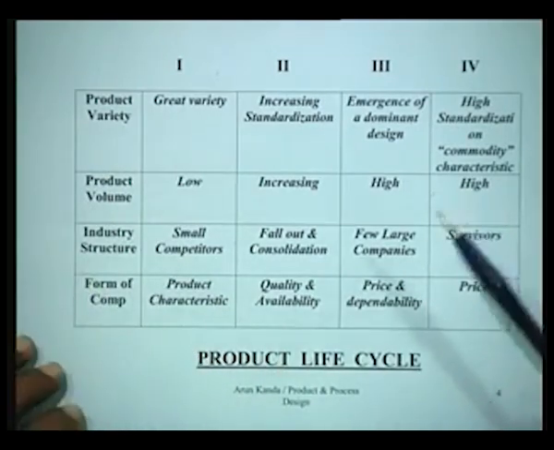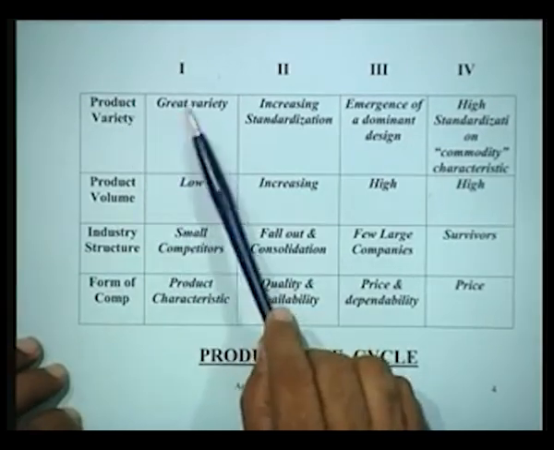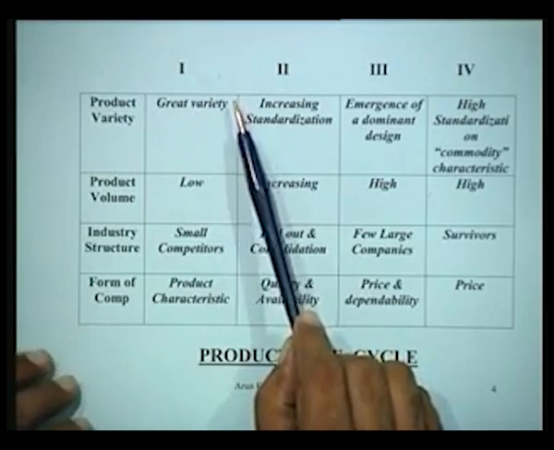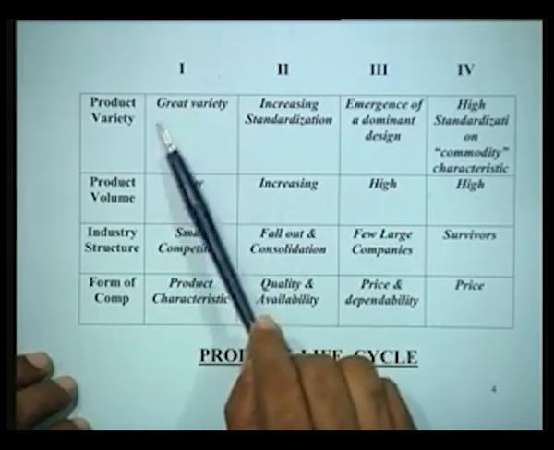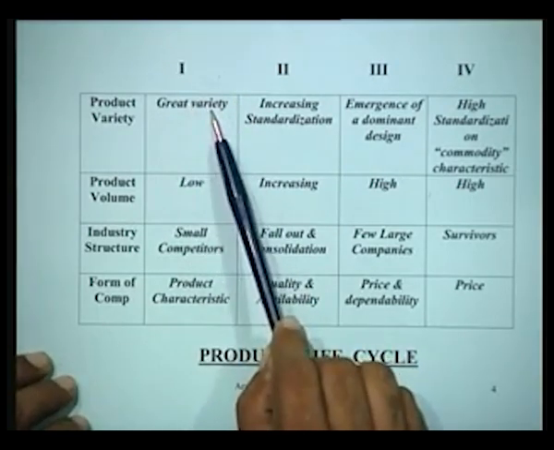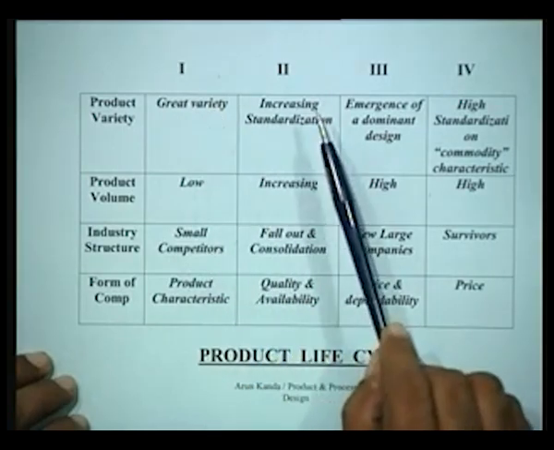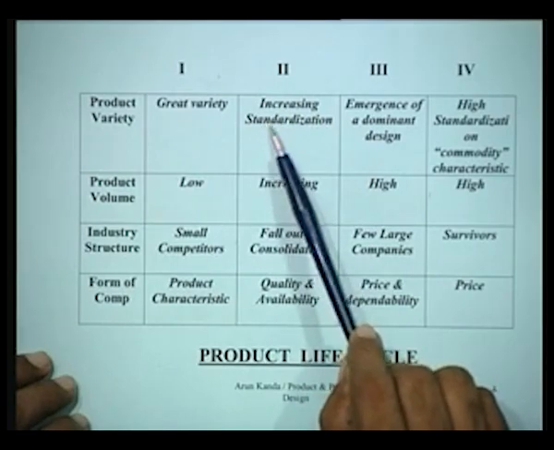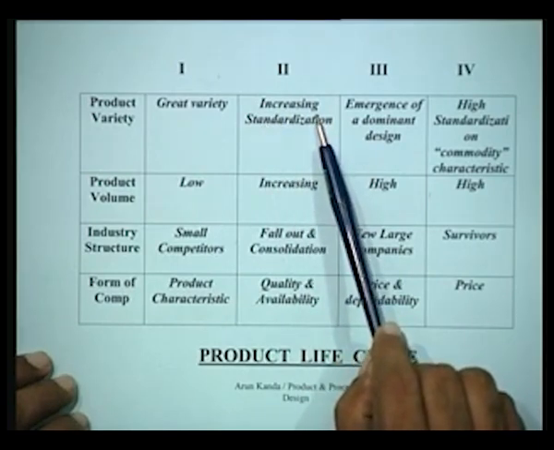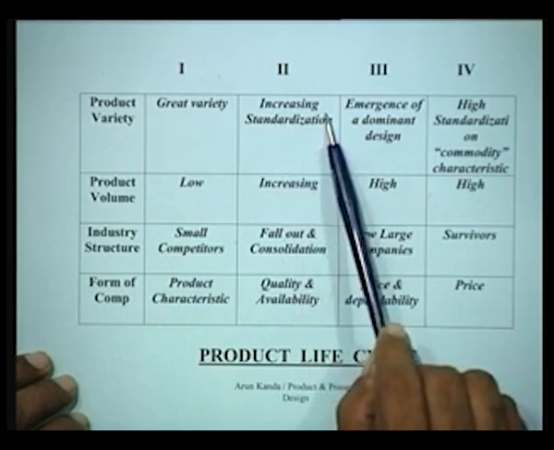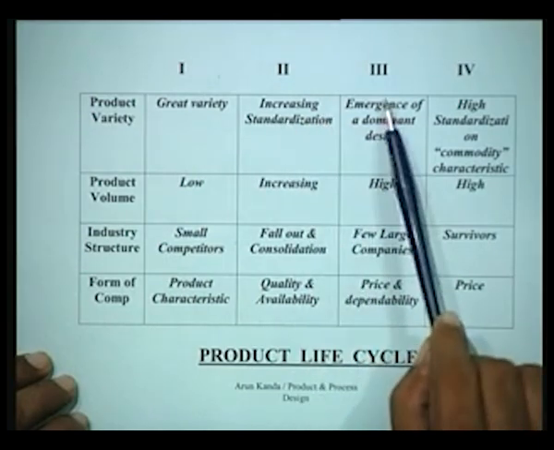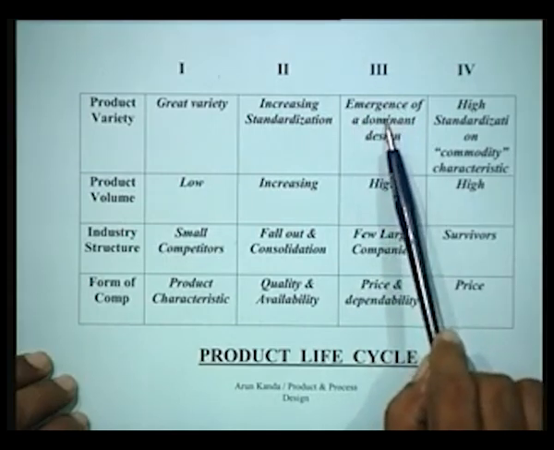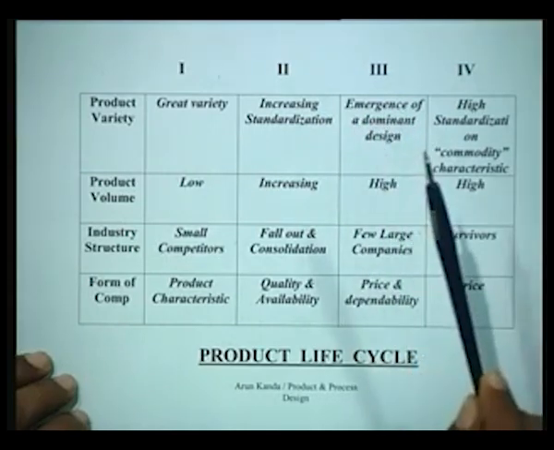It is generally felt that when a product is introduced, there is a great variety of manufacturers who come up on the scene and give you a lot of variety in the beginning. However, as the product tends to stabilize and there is a period of rapid growth, there is increasing standardization, and through this process, ultimately at the stage of maturity, there is an emergence of a dominant design, and all other designs are generally washed off from the scene.